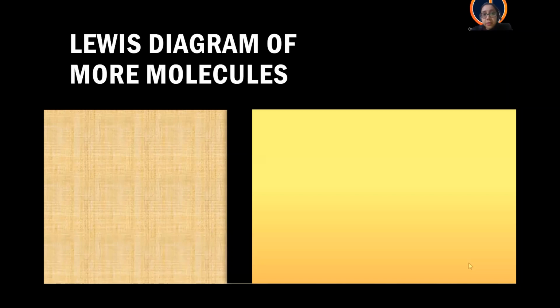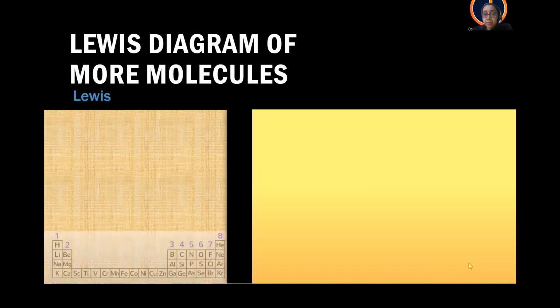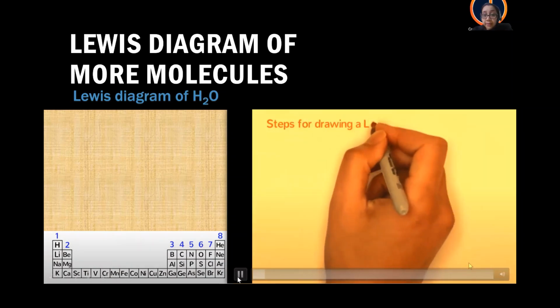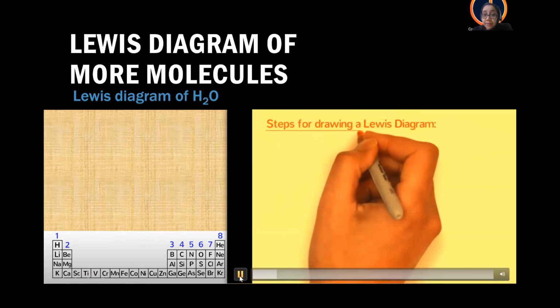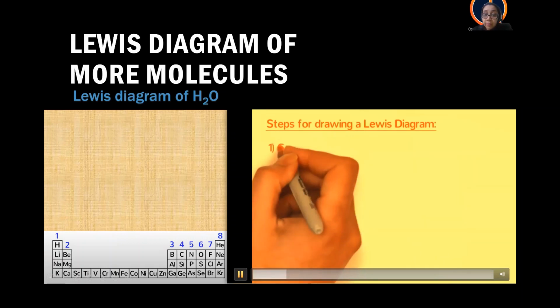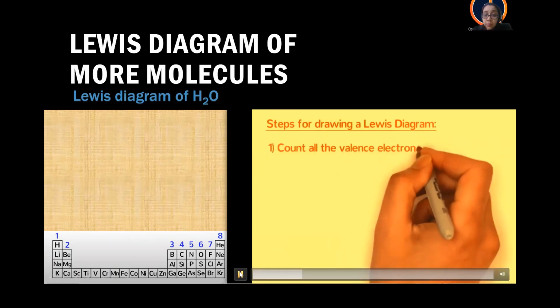Wonderful. Students, let's now discuss the Lewis diagram of more molecules. Let's take the example of a simple molecule like water. Now, before understanding how to draw the Lewis diagram, we must take into account what the basic steps of drawing the Lewis diagram are. So here the first step is we have to count the number of valence electrons.